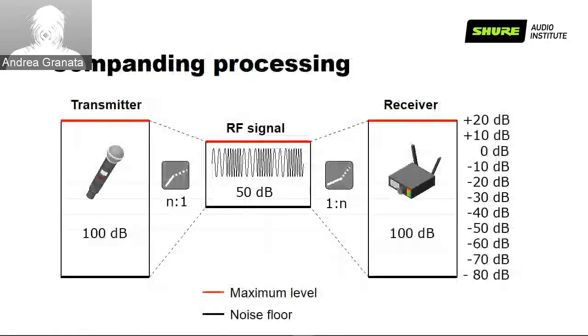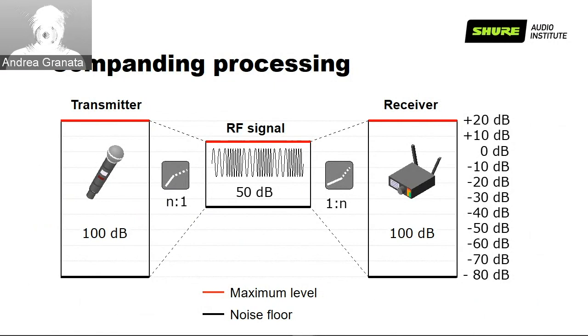The second part of signal processing, mostly in the analog domain, is about the dynamic range. As we saw in the previous episode, the dynamic range of a signal is limited by the deviation of the RF signal, that is 200 kilohertz or so.